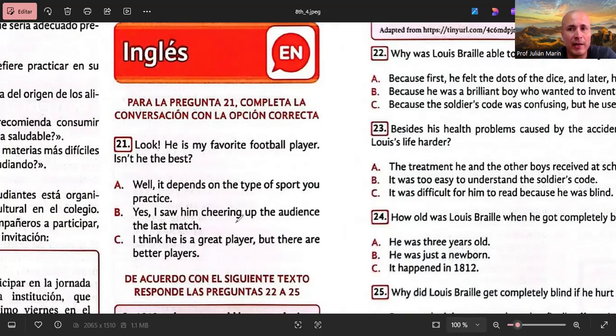That is why it's tricky, and I will not choose this answer either. Let's see answer C before we confirm. C, I think he's a great player, but there are better players. Even though the person answering disagrees with the person who asked, this is the only one that really answers the question. So for 21, we already have found the answer, C.